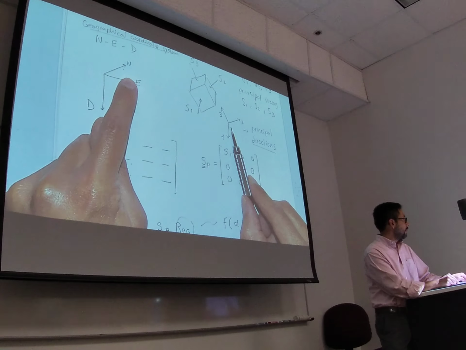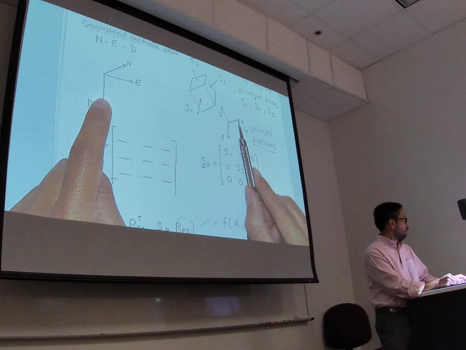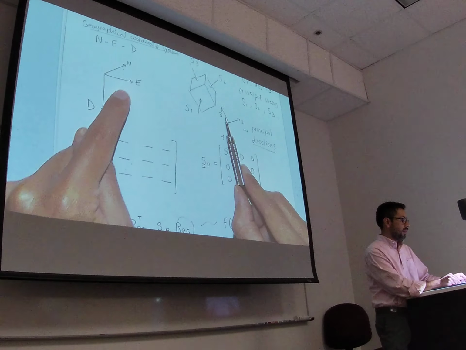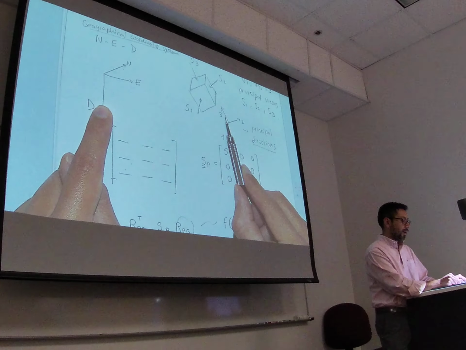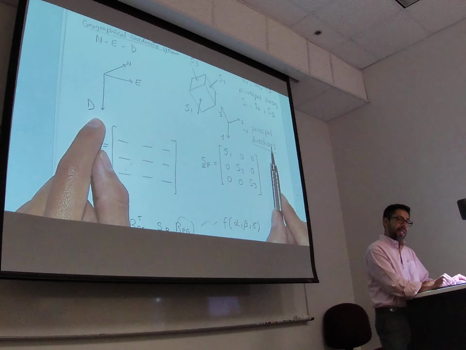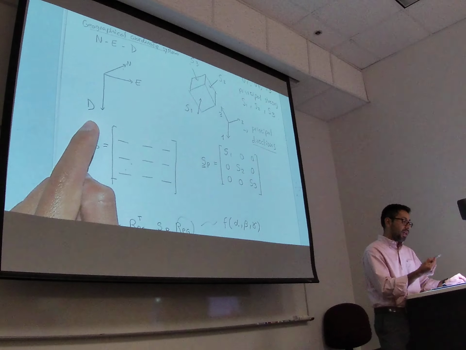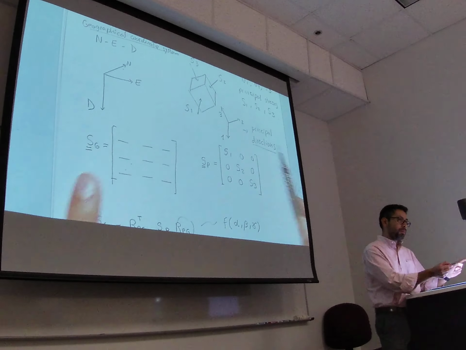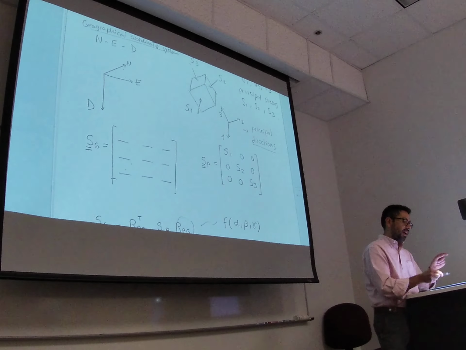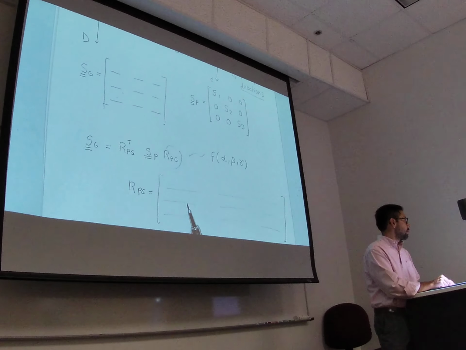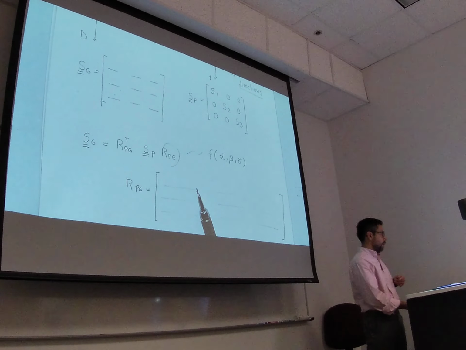The second row is the projection of vector 2 on N, E, D. And the third one is the projection of vector 3 on N, E, D. It just tells you the direction of the principal directions in the geographical coordinate system. And in order to make that easier, instead of doing just dot products all the time, we're going to define three angles, alpha, beta, and gamma, that will allow you to calculate this matrix.